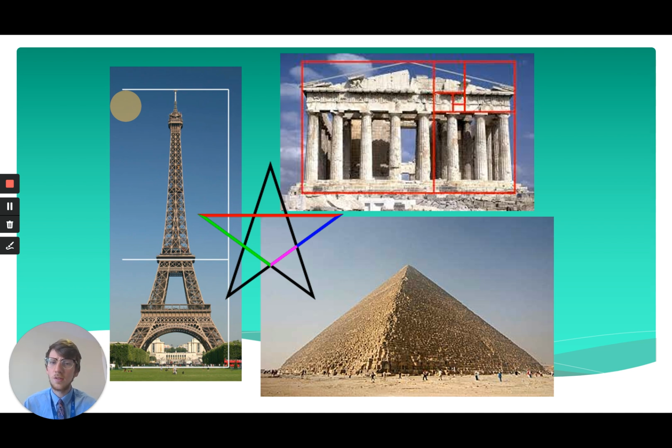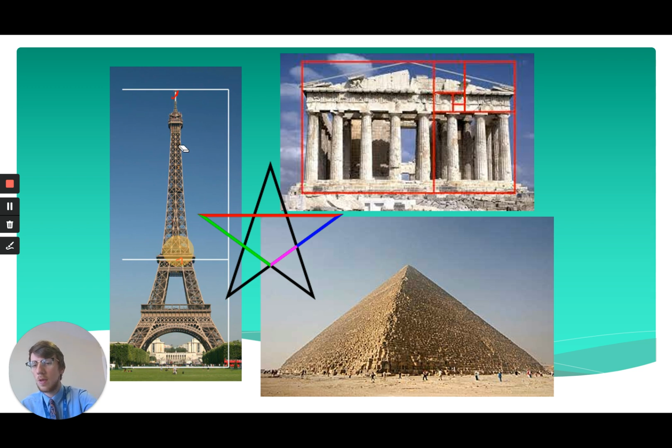Also, like I said, it also occurs in architecture. So we've got the Great Pyramids of Giza, we've got the Parthenon in Greece, and then the Eiffel Tower in France. If we measured the height from this floor of the Eiffel Tower to the base, and then times that height by 1.618, we'd get the distance between the top of the Eiffel Tower and that floor.